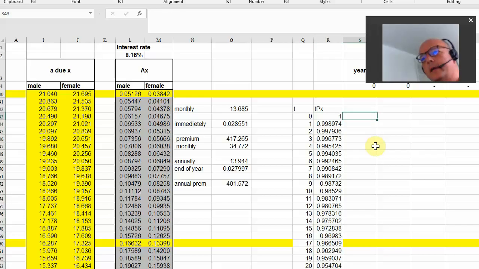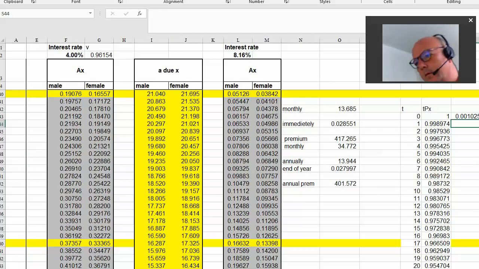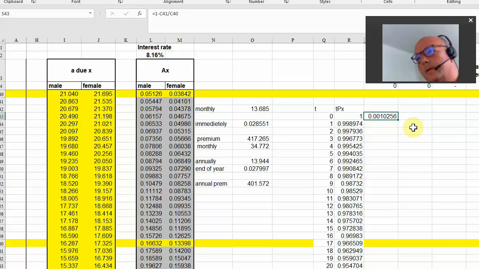So we have to be a bit careful, are we doing death in the next year or death in this current year? So let's say at t=0 we're looking at the probability of death in the next year. Well, the probability of death in the next year is equal to 1 minus the probability of survival, which is that over that, and then we don't dollar it because we want it to be each year, year on year.